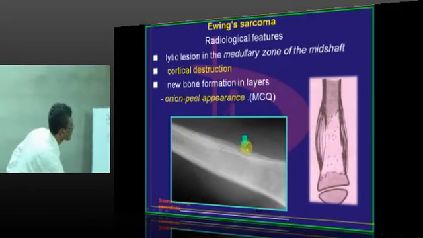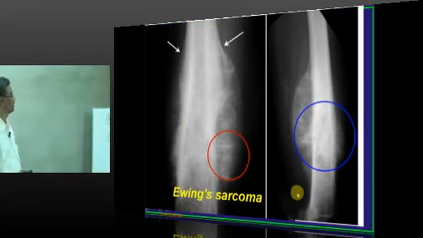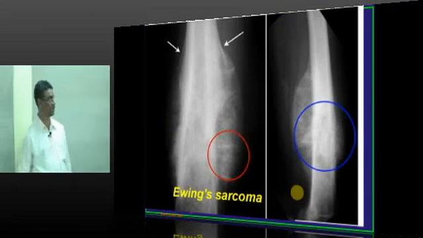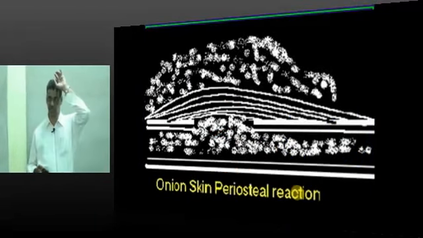See this original X-ray, there are layers after layers, and that is what is called the onion peel appearance. Here also you can see the layer after layer onion peel appearance.